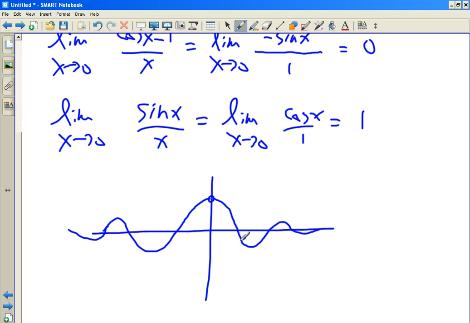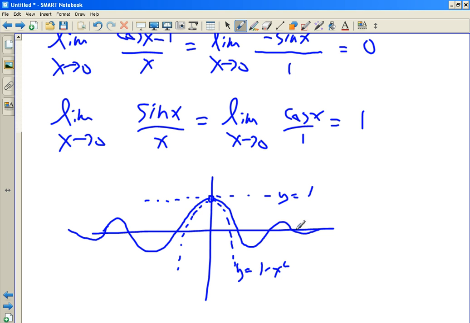And the question is, what is the limit from the right? What's the limit from the left? Well, we sandwiched this between y equals 1 and y equals 1 minus x squared. At least that was one of the ways we did it. And we know that 1 minus x squared is continuous everywhere, and its limit is 1, because it's a plug-in limit. What's the limit as x approaches 0?